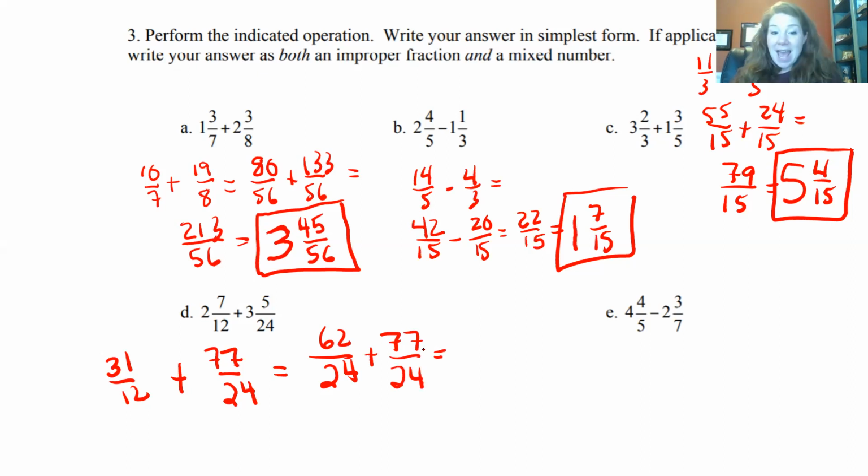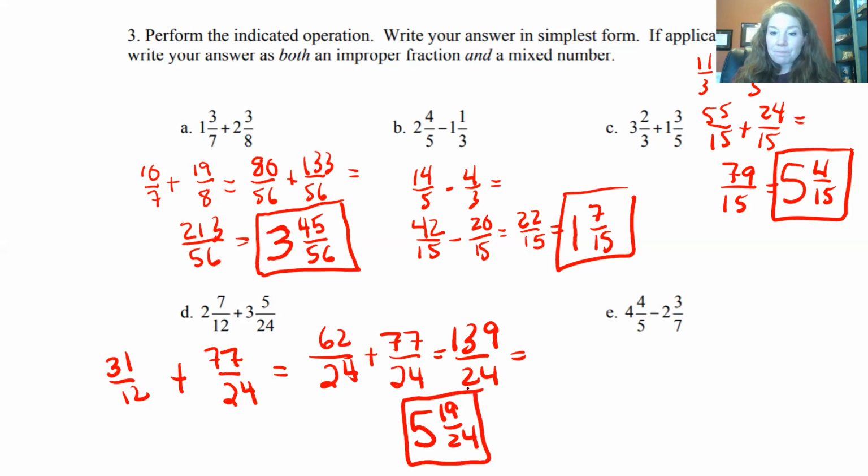And then we're going to add 77 plus 62. So we have 139 over 24. So 139, the 24 will go into it 5 times. And then 24 times 5 is 120, which means our remainder is 19 over 24. And that's our final answer.